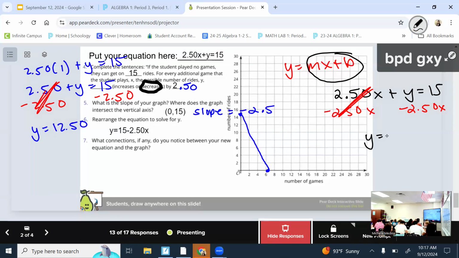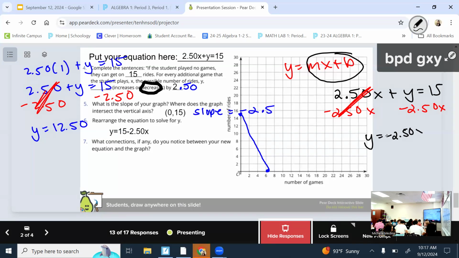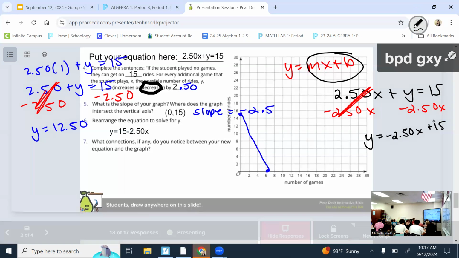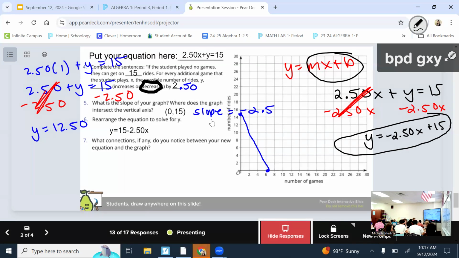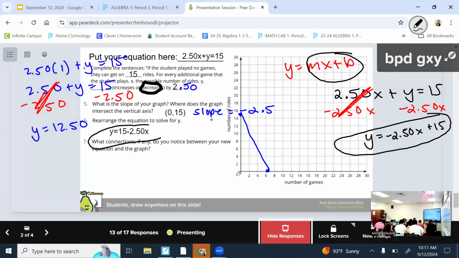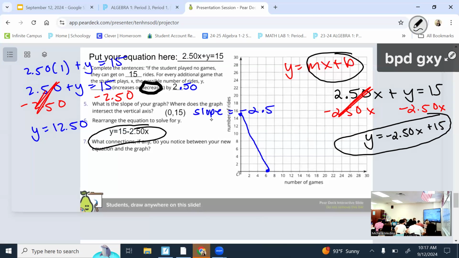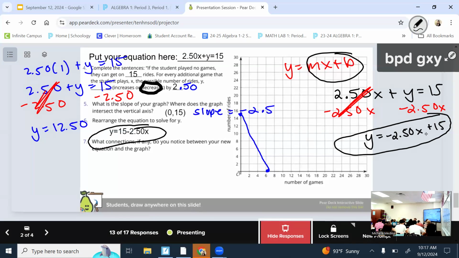So I'm just gonna put the x term first, which I'm allowed to do because I'm not changing the signs of anything. The 250 is still negative, the 15 is still positive. This is my slope intercept form. So is this, but I just like it to look a little bit more like mx plus b, but same difference. In slope intercept form, you can clearly see your slope, which is always in front of the x, no matter what order it's in. And your y-intercept, you can clearly see.